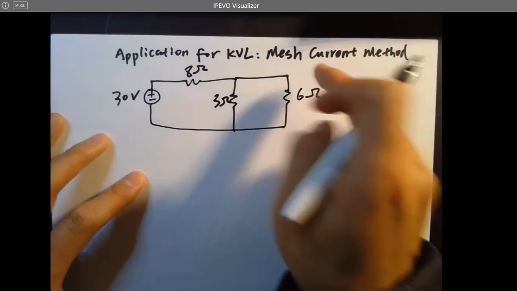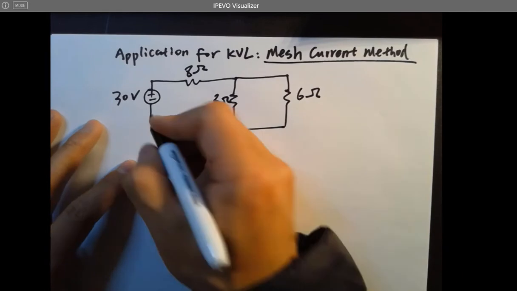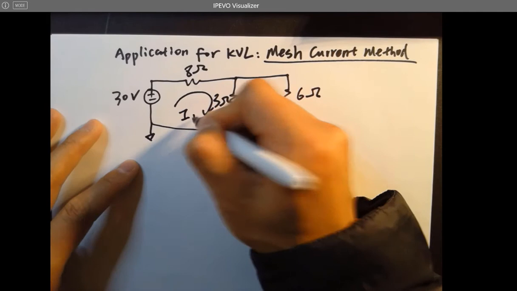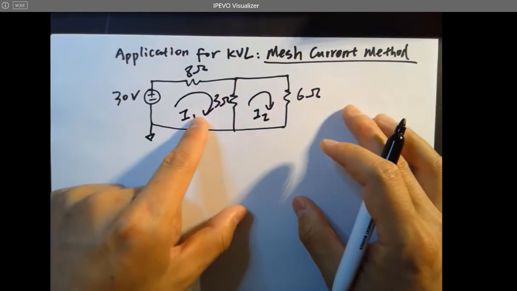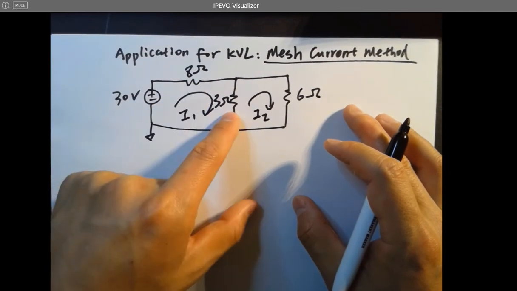Since it's a mesh current method, you are going to label the mesh currents first. And I'm going to label in this way, I1, I2. Keep in mind, the mesh current is not necessarily the real current that flows through every single component.